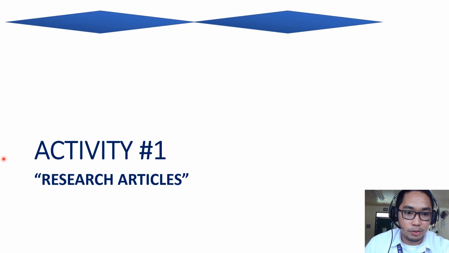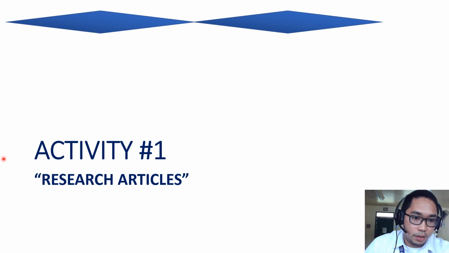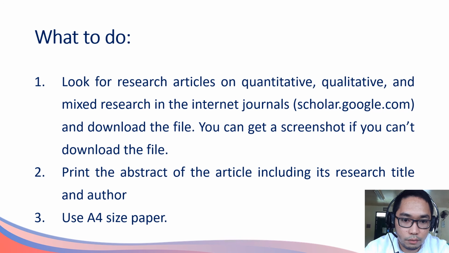Now, since we are done with our discussion on quantitative, qualitative, and mixed research, you have here your activity number one titled research articles. So what you are going to do, number one, look for research articles on quantitative, qualitative, and mixed research in the internet journals.